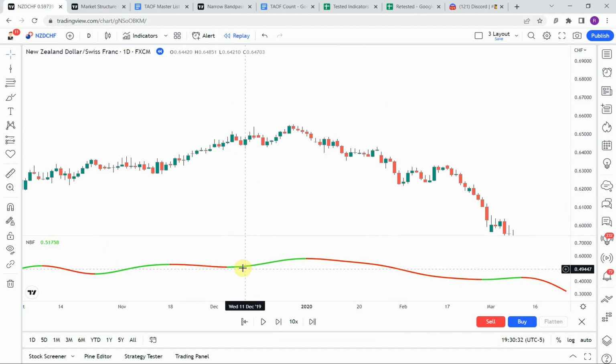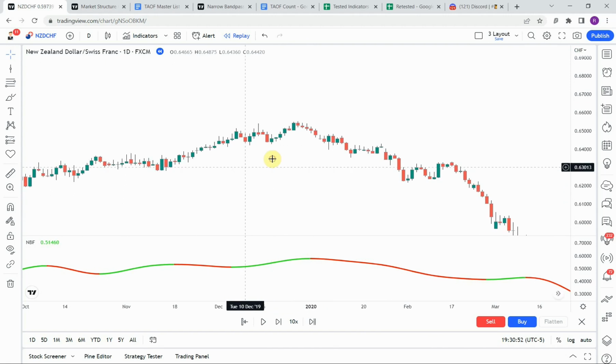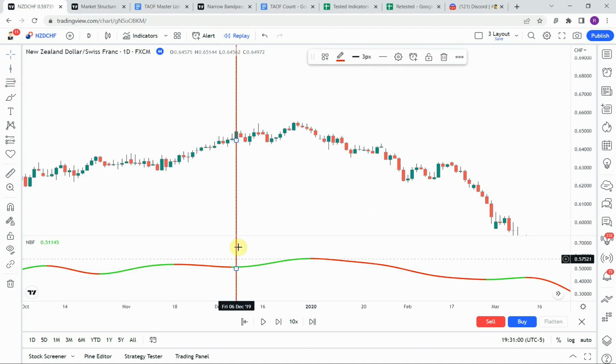And so what we did in the original video was, when we got green, when the line switched to green, then that was a signal to go long. When the line, the bandpass filter here, switched to red, that was a signal to go short. And so for example, you can see that we get red coloration here in the bandpass filter, and then we switch to green here.